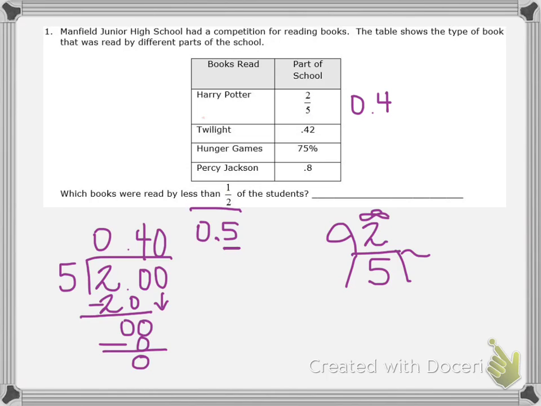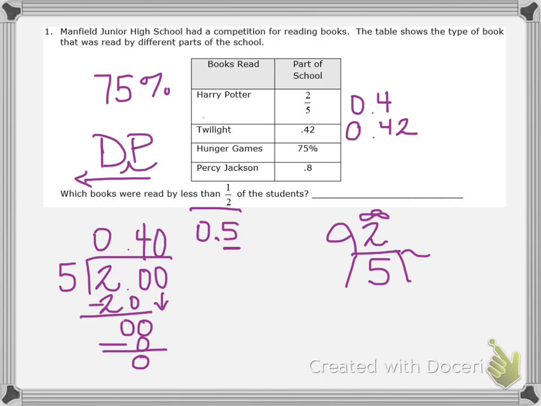Okay, here I already have a decimal, 42 hundredths. All right, for 75%, remember when we go from a decimal to a percent or a percent to a decimal, we use Dr. Pepper. If I'm going from percent to decimal, I'm going to move my decimal to the left, and I'm going to move it 2 places.